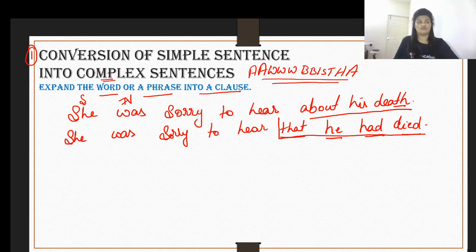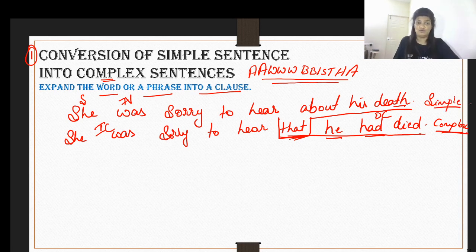I forgot to mention that complex sentences are those which combine one independent and one dependent clause. So this is your independent clause, this is your dependent clause, and this is your subordinating conjunction. Therefore, you have converted a simple statement successfully into a complex statement. So this is our complex, whereas this is our simple statement.